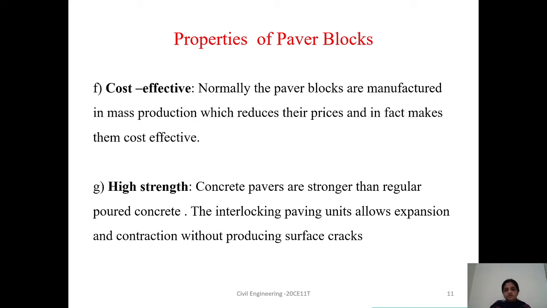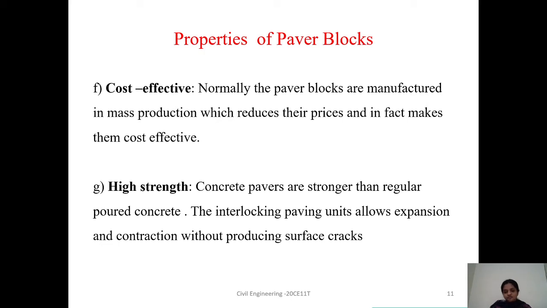High strength. Concrete pavers are stronger than regular poured concrete. The interlocking units allow expansion and contraction without producing surface cracks. So if it is properly interlocked, the strength of the concrete paver is more.